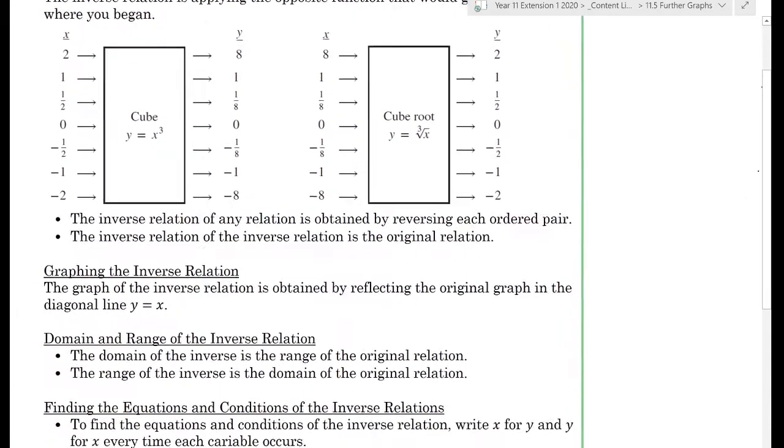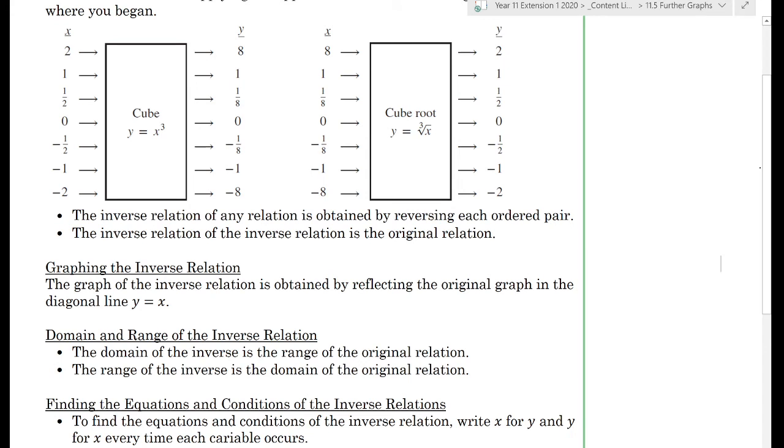The hardest part is probably graphing these inverse relations. The graph of the inverse relation is obtained by reflecting the original graph in the line y is equal to x. Remember the odd function, rotating something 180 degrees or reflecting it. Changing the y and the x around, as we did.